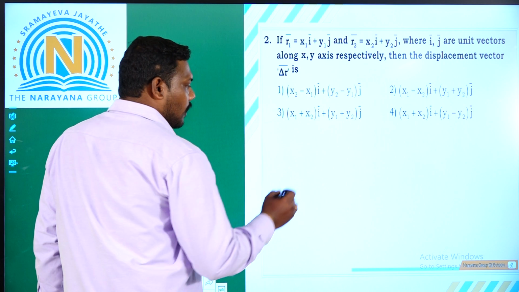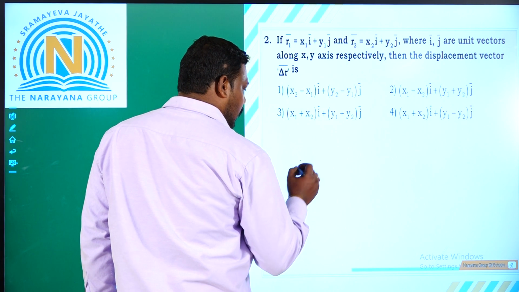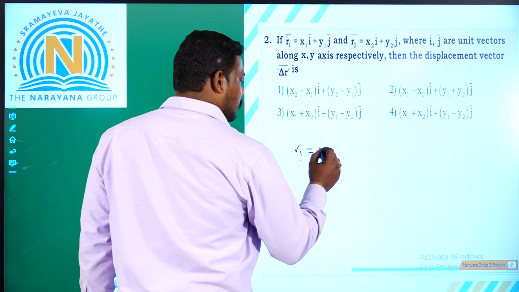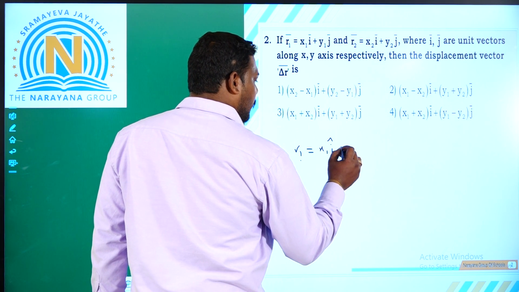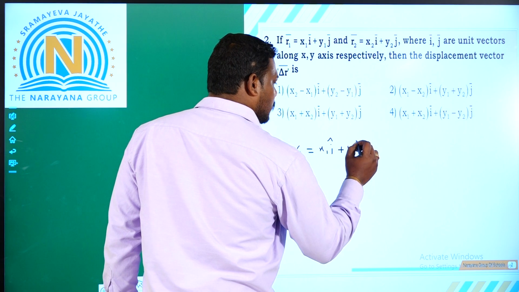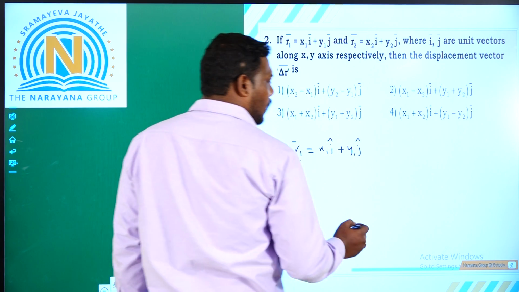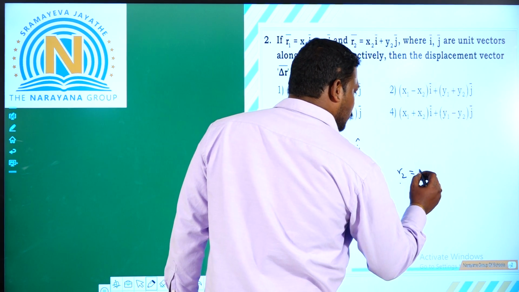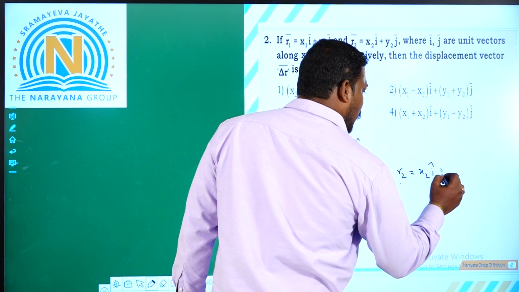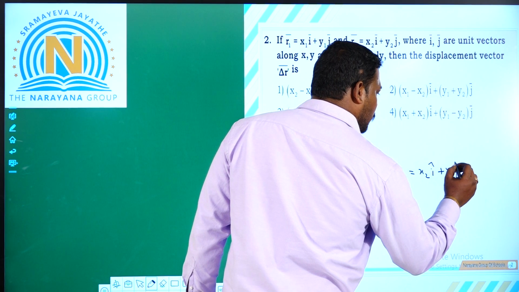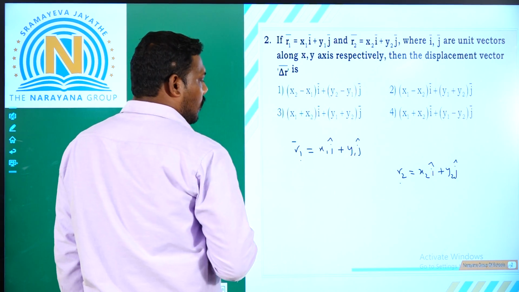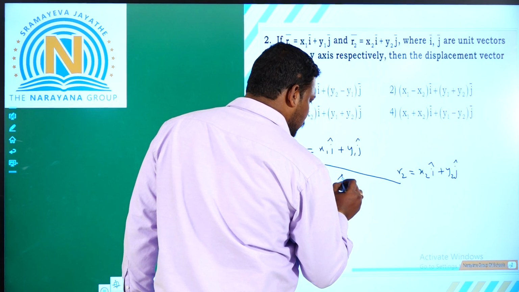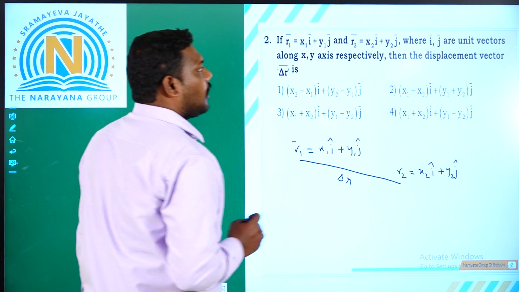Now, there is a point R1 here, R1 is equals to x1 i cap plus y1 j cap, and the other point R2 is equals to x2 i cap plus y2 j cap. Now from this point to this point is called as change in position delta R.